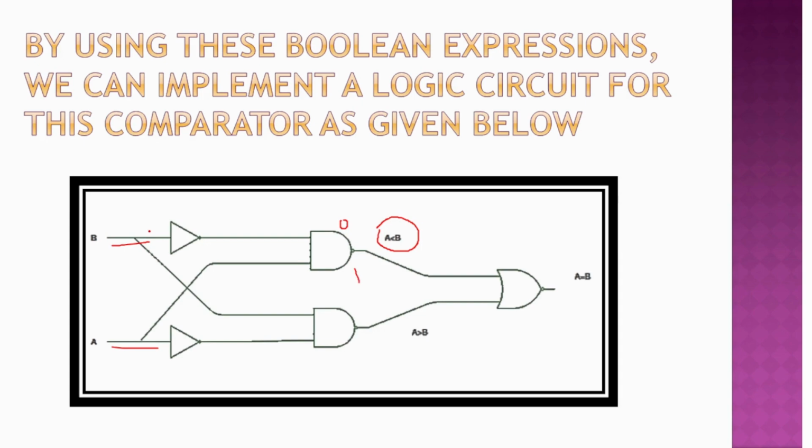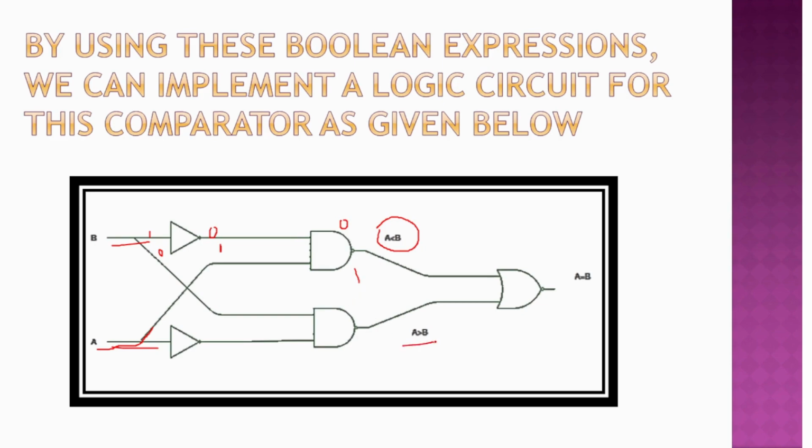If you give 0 and 1 here, you get 0 as output. If you give 0 here, you will get 1 as output. That's why one of the AND gate inputs is connected with the normal A input. So here you will give either 0 or 1 as the input.